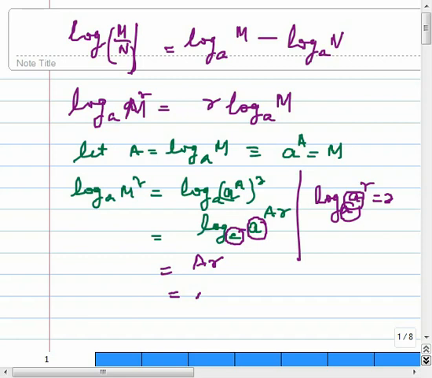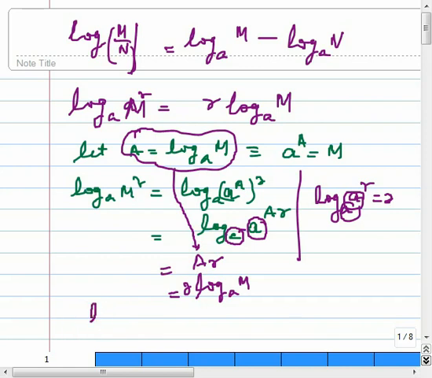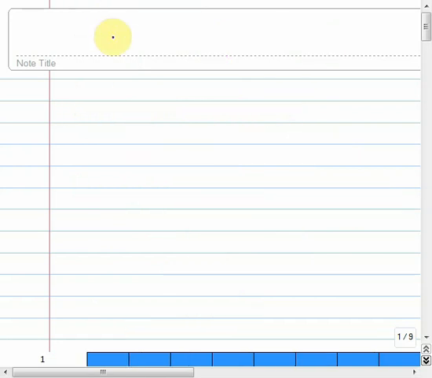A is log a m into r. We have just put this value here. So this proves our logarithmic property, that log a m to the power r is equal to r log a m. So we have proven 5, 6, 7 properties. Total 7 properties we have seen till now.